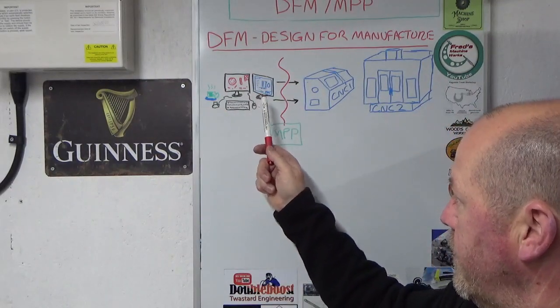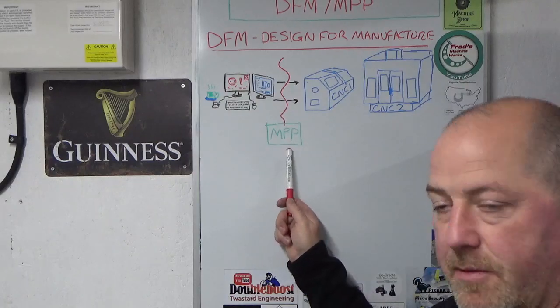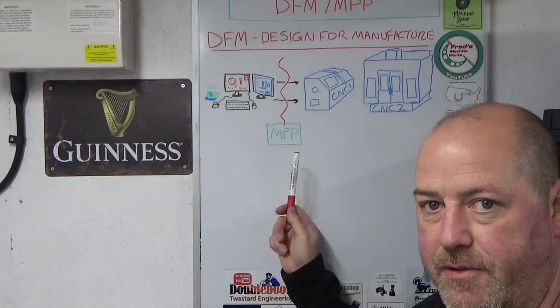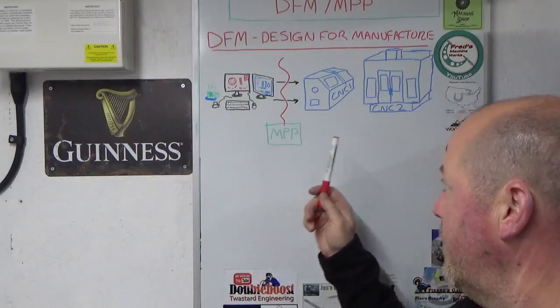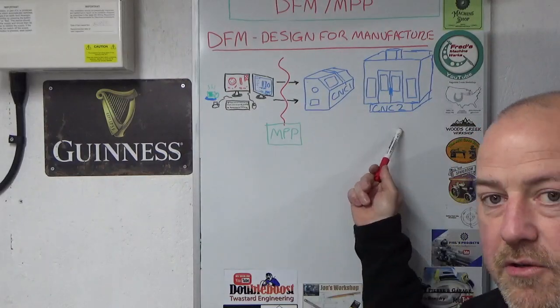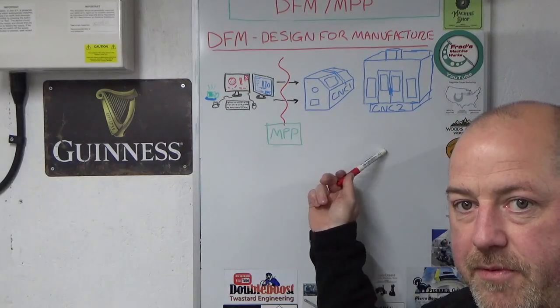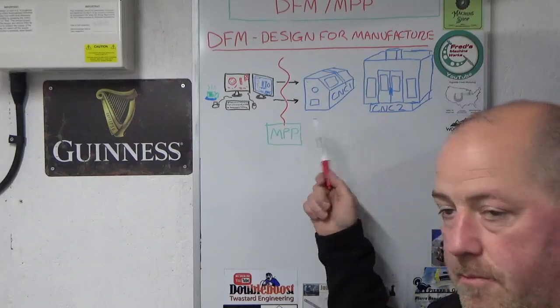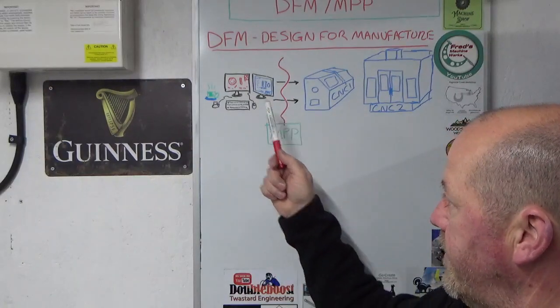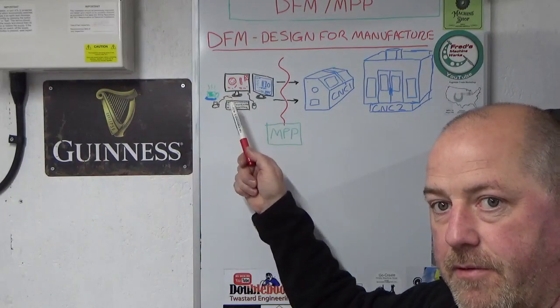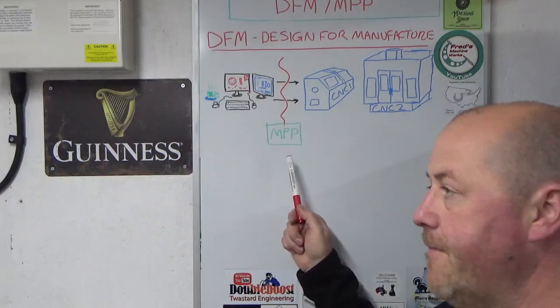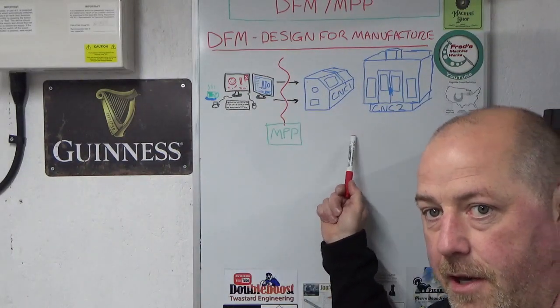Then there's a layer in between, which is manufacturing process planning, which we'll come on to in a minute in the real world example. And then you've got your workshop space, and I've just drawn a couple of CNC machines there to reflect modern industry. So the design information flows through the manufacturing process planning layer into the manufacturing layer.